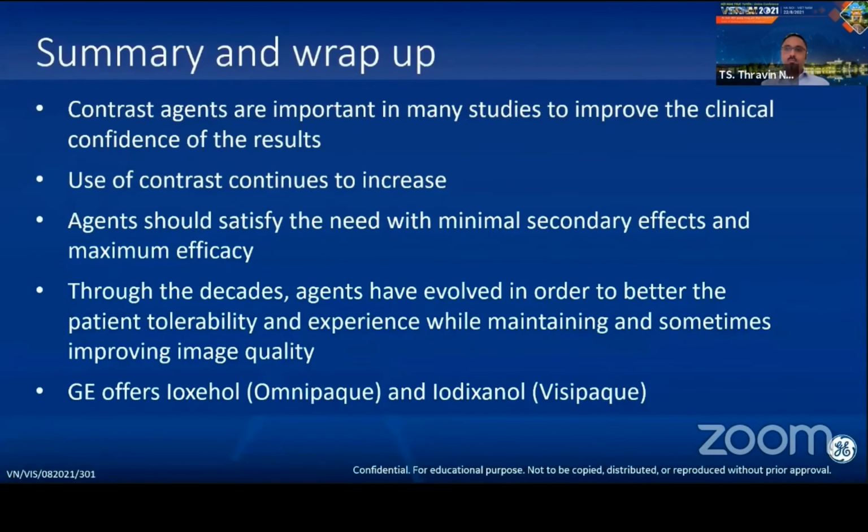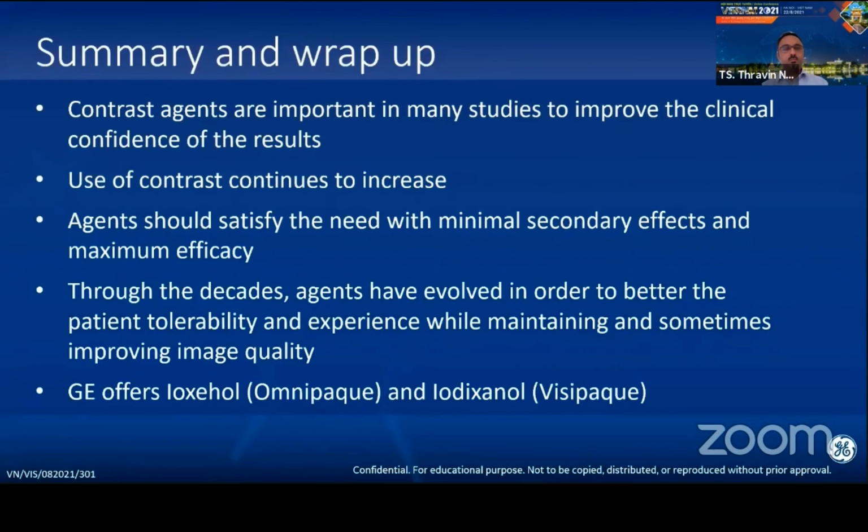So to wrap up, the use of contrast media agents is important in order to have proper clinical diagnosis. The use continues to increase, and agents that are chosen and used should satisfy maximum efficacy and at the same time have minimal secondary effects.